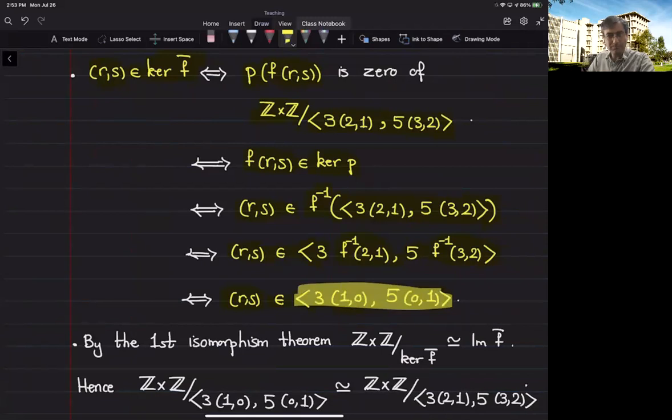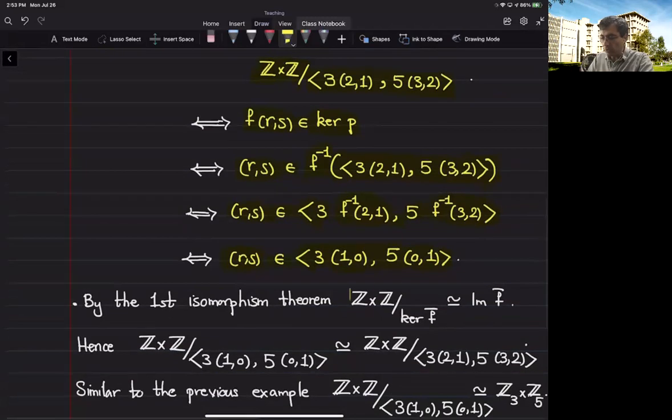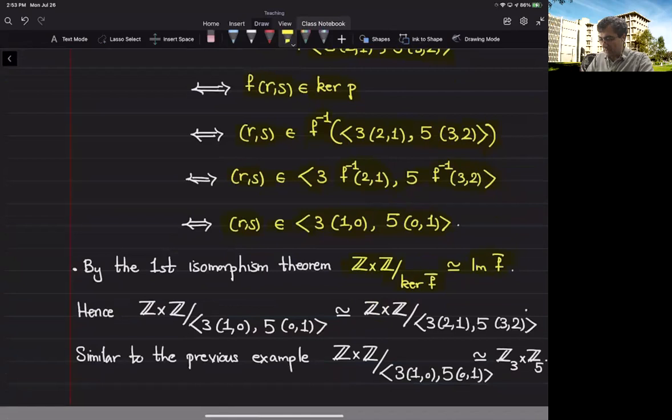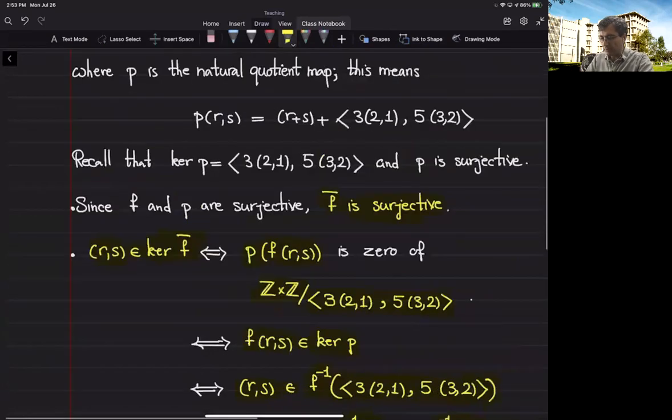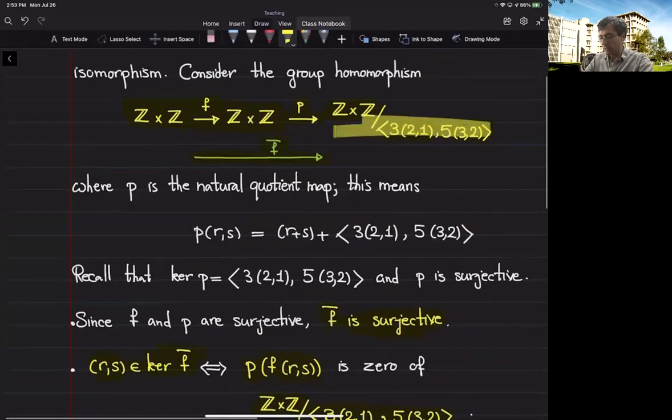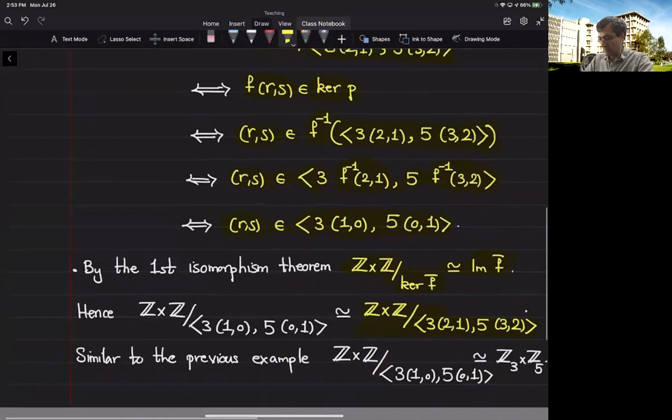Now we are in a good position because by the first isomorphism theorem, the factor group of Z cross Z by the kernel of F bar is isomorphic to its image. Remember, F bar is surjective, so the image of F bar is the entire factor group of Z cross Z. Remember, F bar goes to this group. So I get the entire thing as the image of F bar, so that's this side.